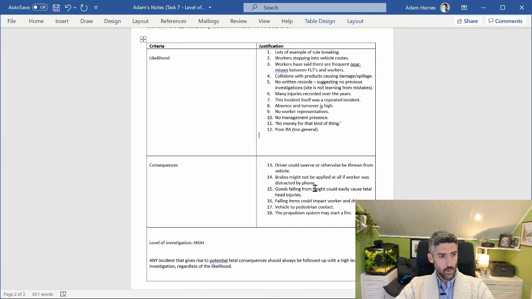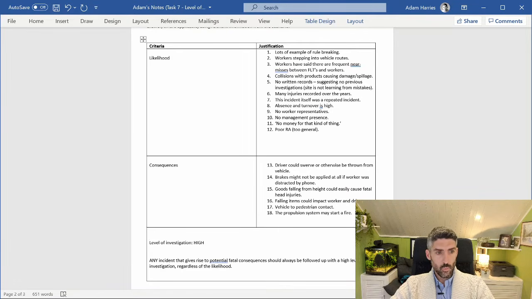Same for consequence. So level of investigation high, and another point I've made is that any incident that gives rise to potential fatal consequences should always be followed up with a high level investigation regardless of likelihood. Don't know whether there'll be a point available for that, but maybe.